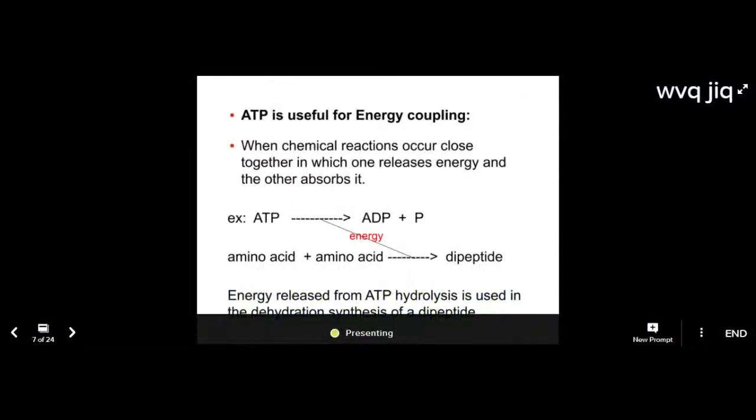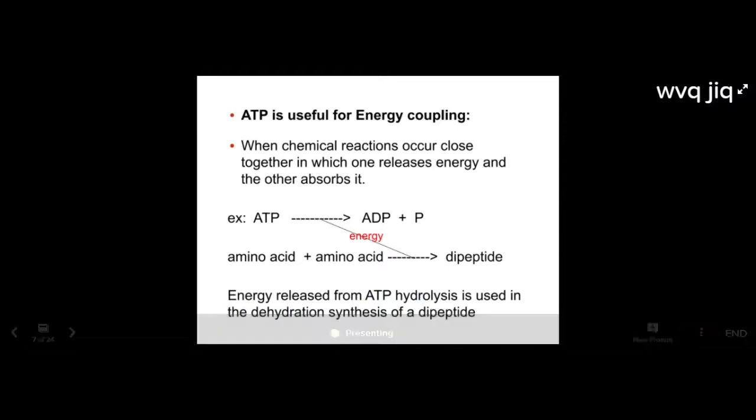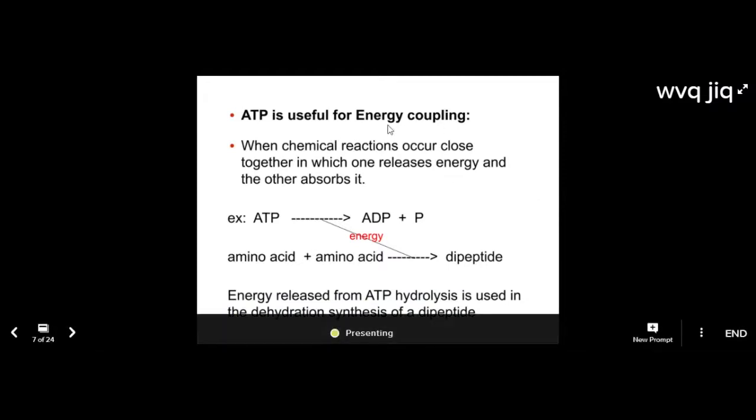So I actually showed you this already when we had the enzyme pair deck, but I wanted to bring it up again because energy coupling is something that you'll see a lot. Very often when reactions are coupled, one of them is almost always going to be ATP hydrolysis. ATP loses one of its phosphates and becomes ADP, adenosine diphosphate.